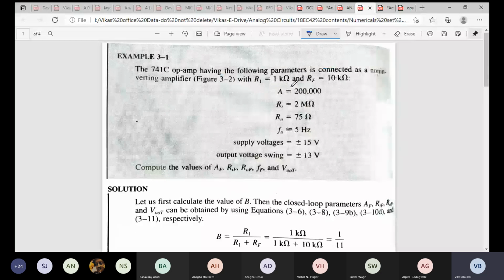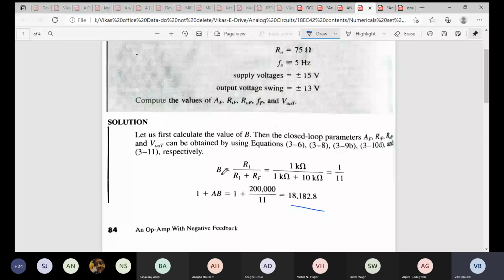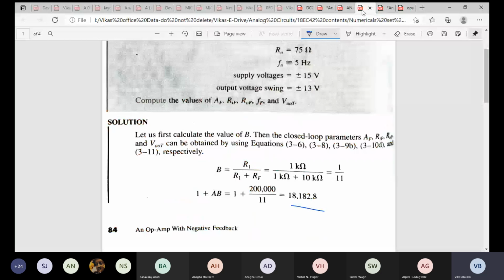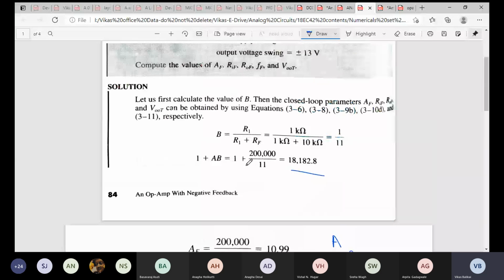Then he has asked to find RIF. So the RIF equation is RI multiplied by 1 plus A beta. So that is the reason I am asking you to figure out what 1 plus A beta is. RI multiplied by 1 plus A beta, and 1 plus A beta is already calculated. RI he has given as 2 mega ohm, and if I do the substitution, I'm going to get the value as 36.4 giga ohm.